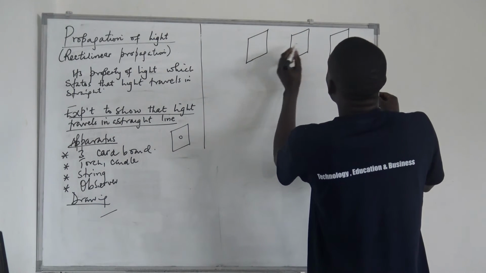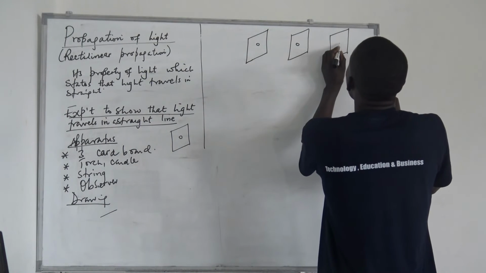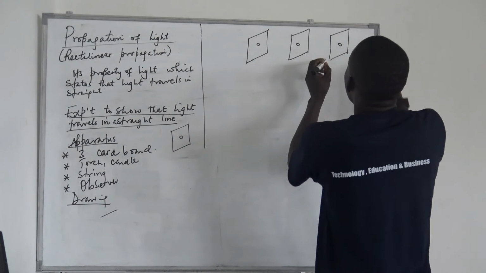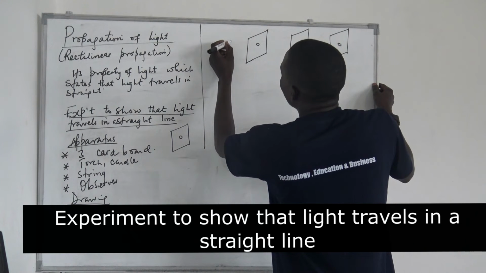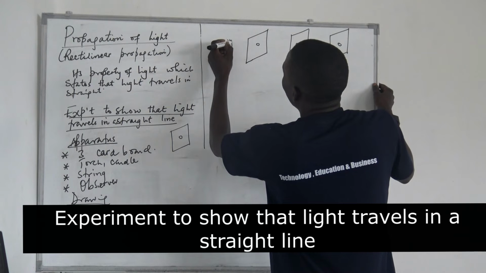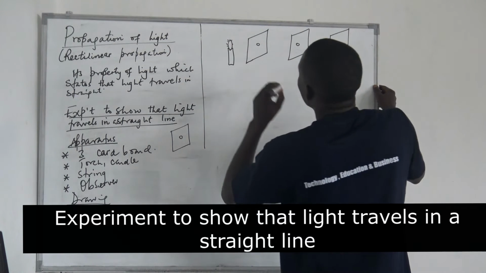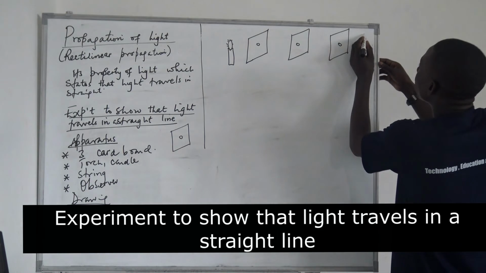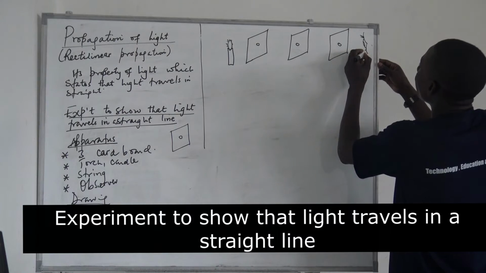And then using a string, you ensure that all these holes are at the same level, no hole is above. And then I can bring a candle here to produce the source of light. And then yourself, you come and observe from here.